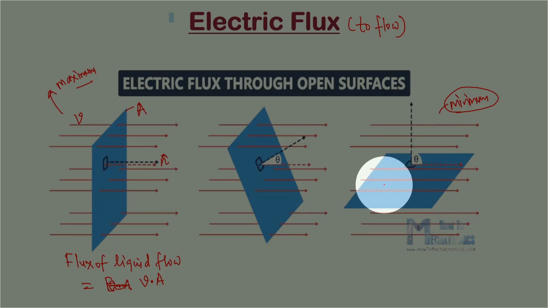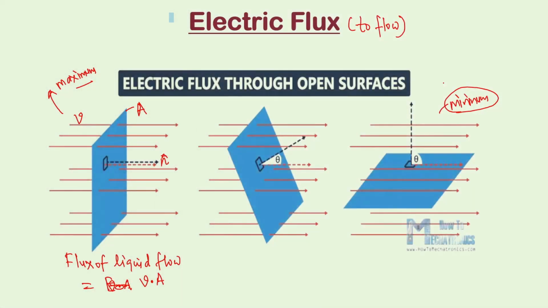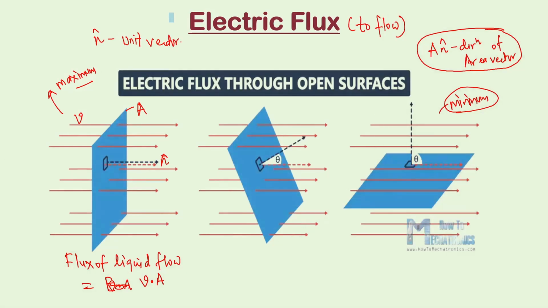Here we consider surface area A as a vector whose position and direction are both important, and the direction is given by A into n, the direction of the area vector, where n is the unit vector along the outward surface normal to it.